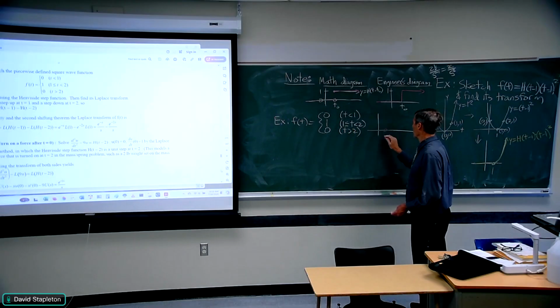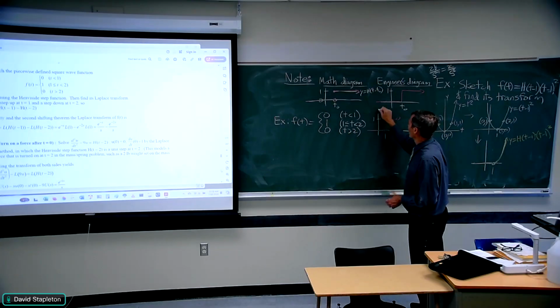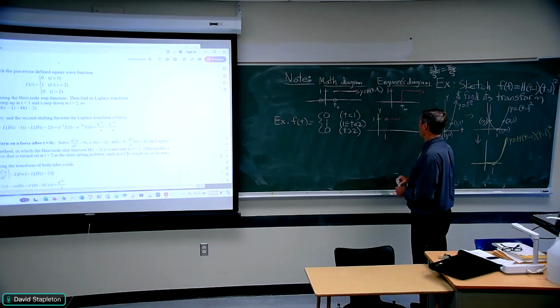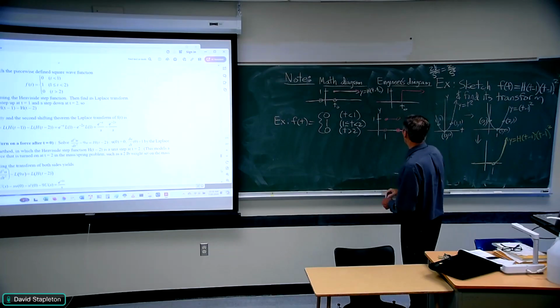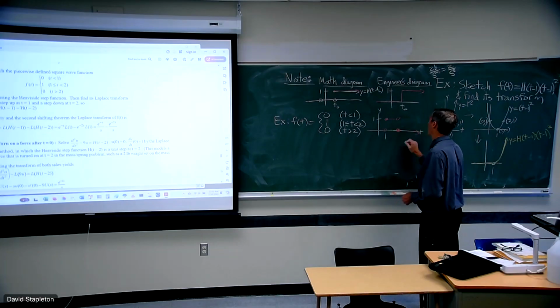It's 0 till t equals 1. Then it jumps up to y equals 1 when t equals 1, and then it jumps back down over here.